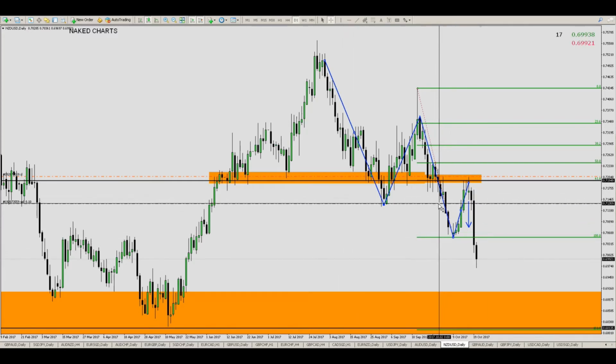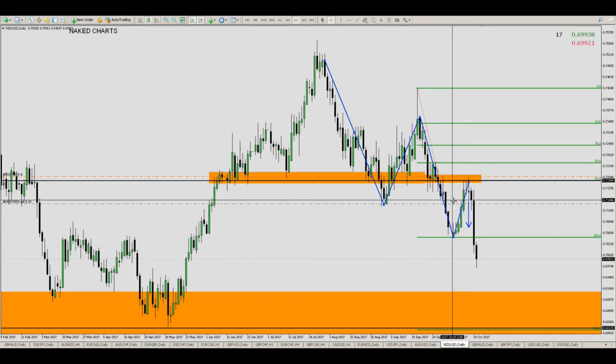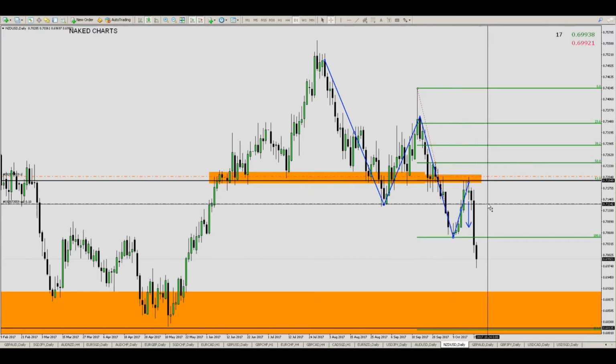I'm going to risk 1 for a reward of 2. So if from my entry here I get around 235 pips, it's awesome, because I risk 72 pips. It means I will get more than 1:3.